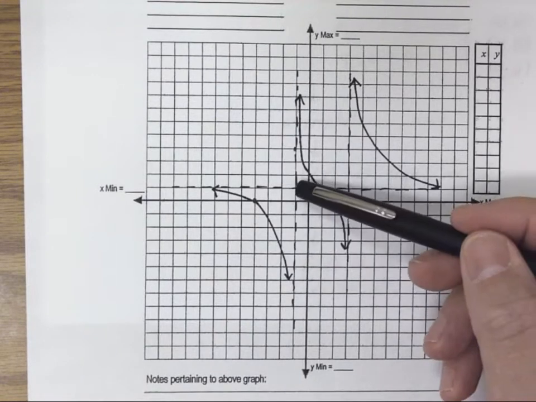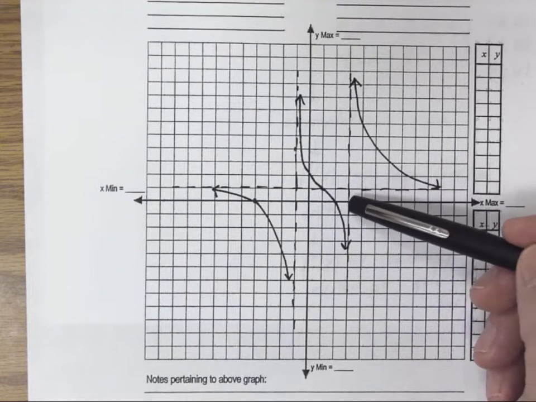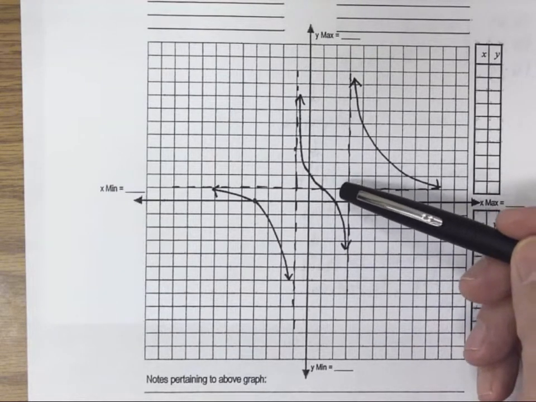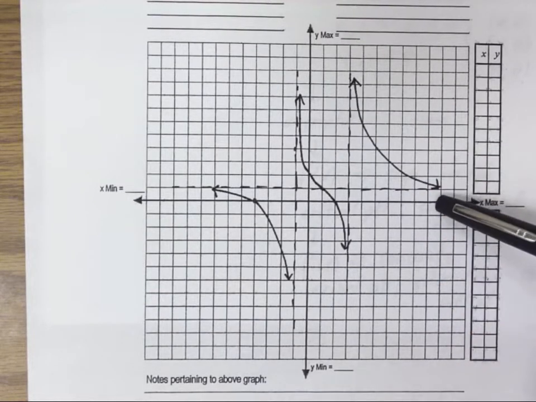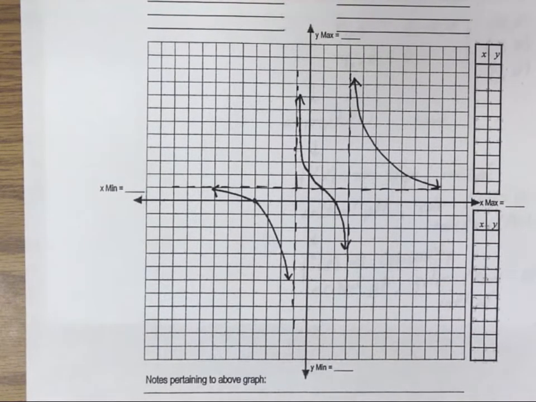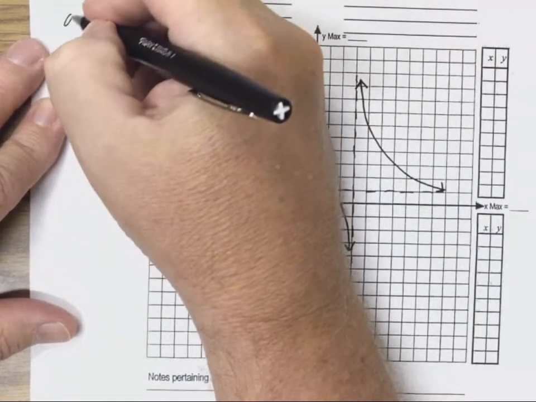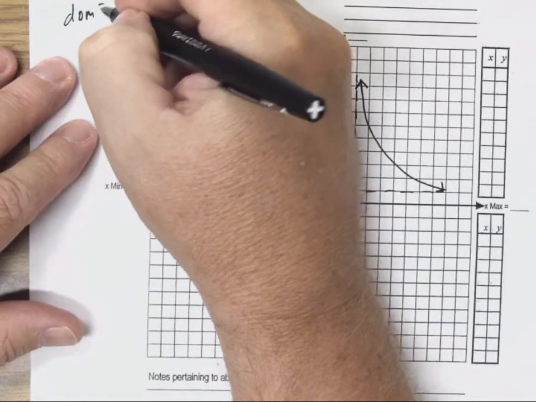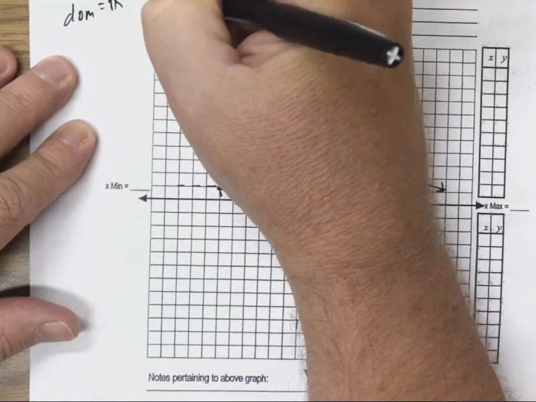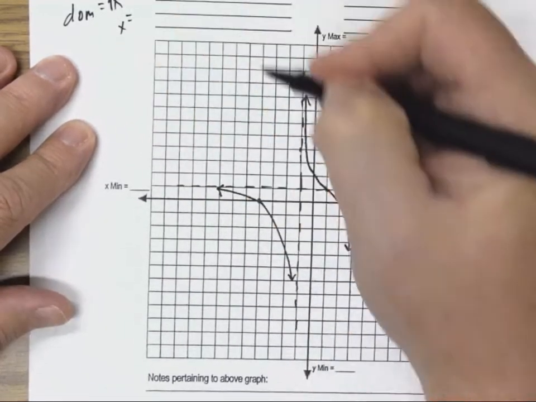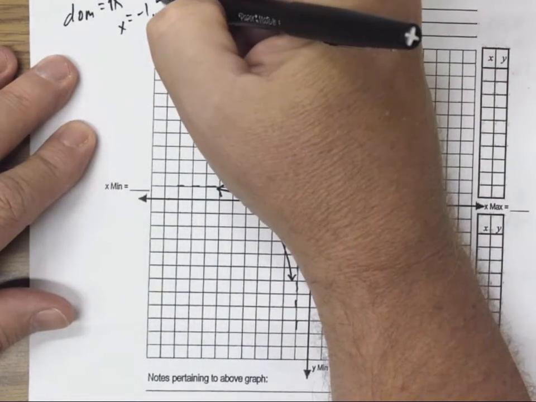Once you get past negative 1, the graph picks up again, but then it gets to positive 3, and there's another gap or break, and then it picks up again. So in this case, let me just write it over here, we would say the domain is R, the real numbers, except when x equals negative 1 and when x equals 3.